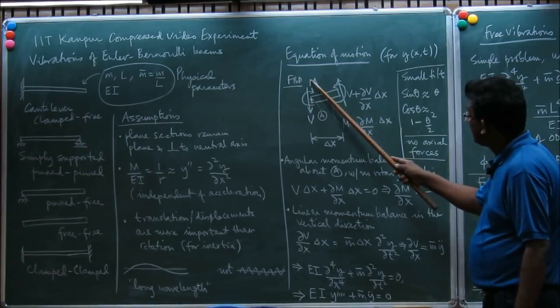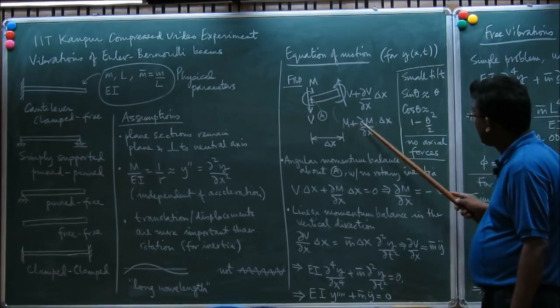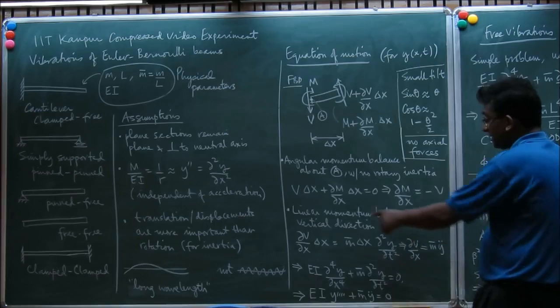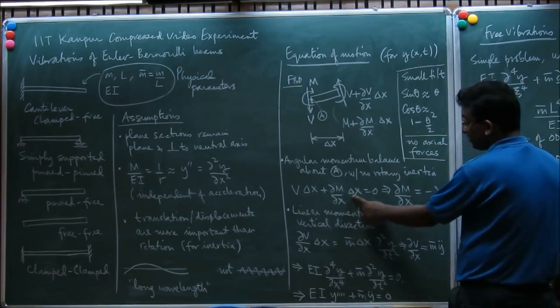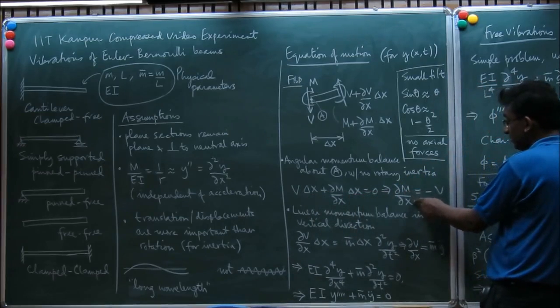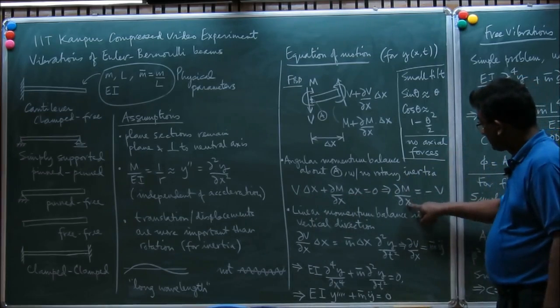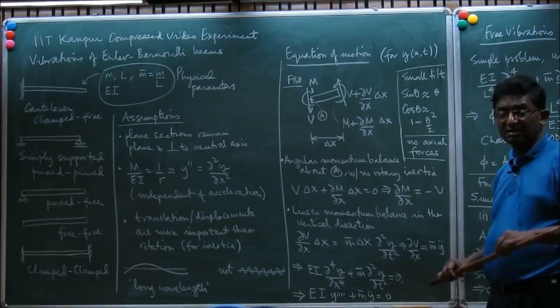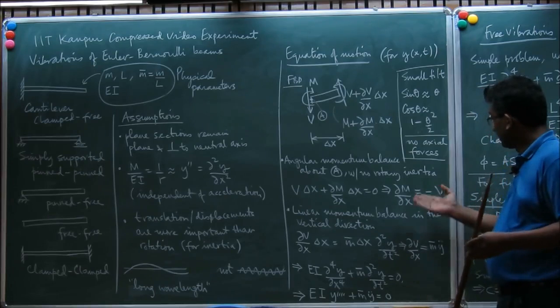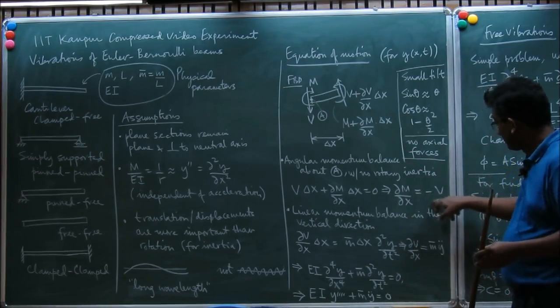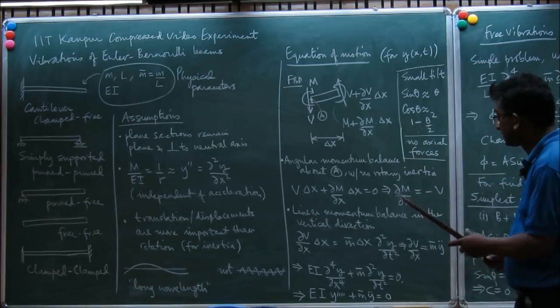This M is counteracted by this M and it leaves del M del x times delta x, that is retained. And so this is the net counterclockwise moment, that equals 0, which tells us del M del x is equal to minus V. Once again, this partial derivative with respect to x is taken because this is true at all instants of time. At each time when we hold time fixed, this is what is true. This is under dynamic conditions.